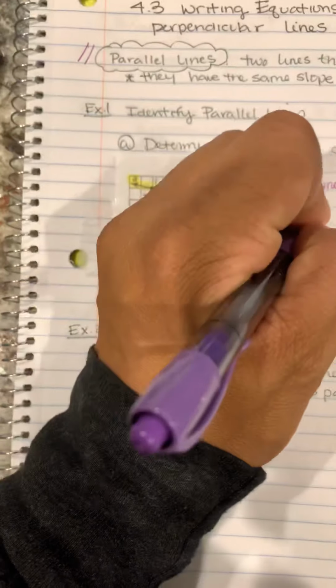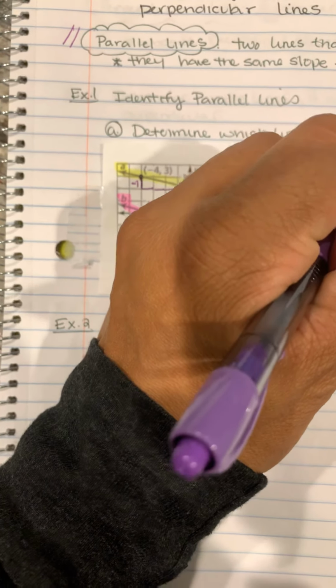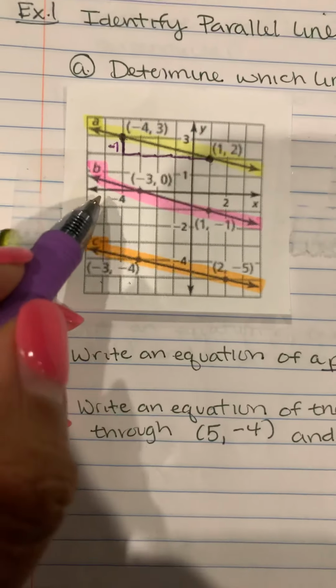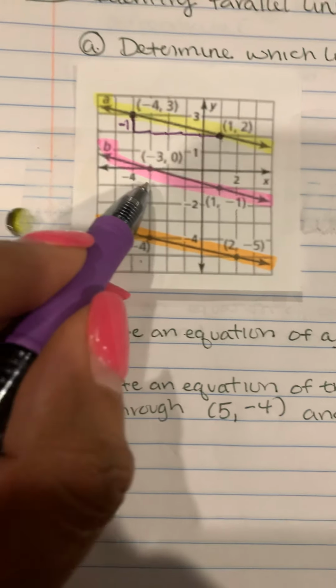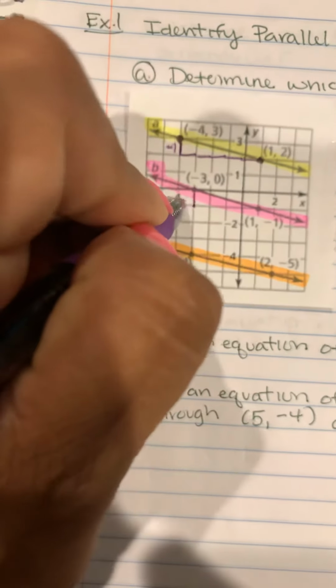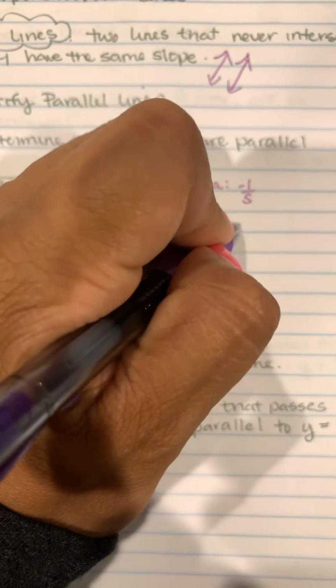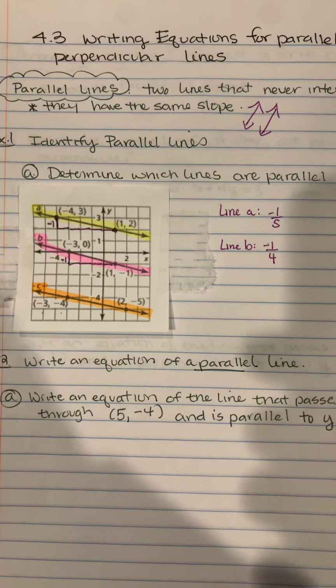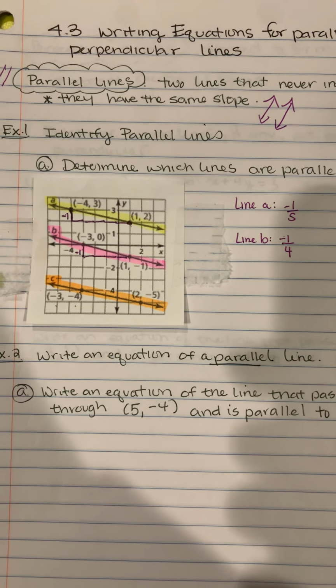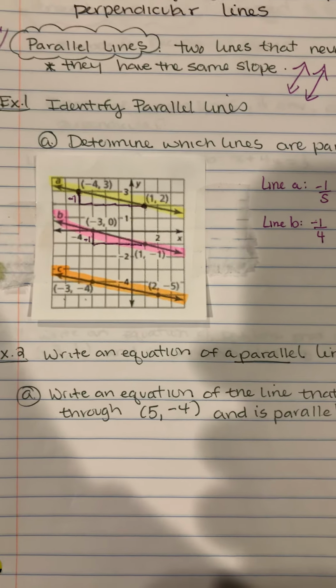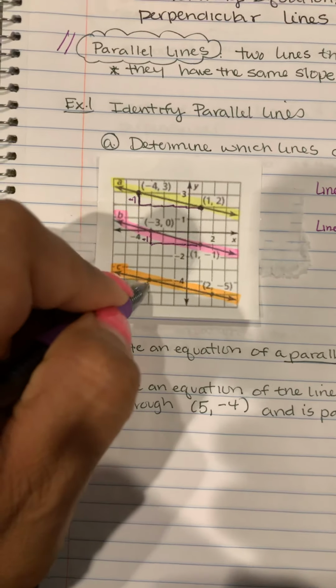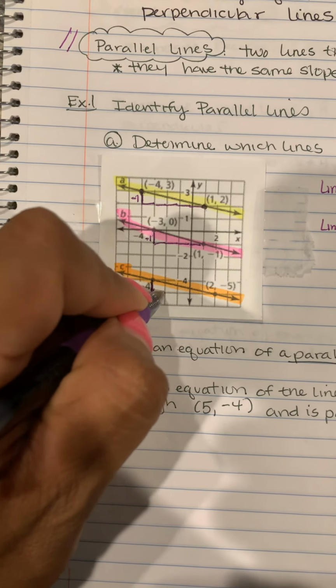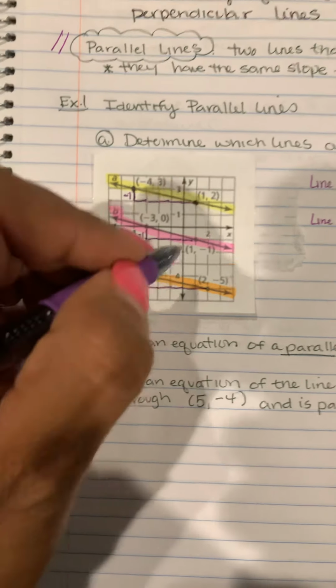Let's take a look at line B. We're going to go down 1. So negative 1 and over 1, 2, 3, 4. So down 1 over 4 units. Okay, and the orange one, we're going to go down 1 unit and over 1, 2, 3, 4, 5.